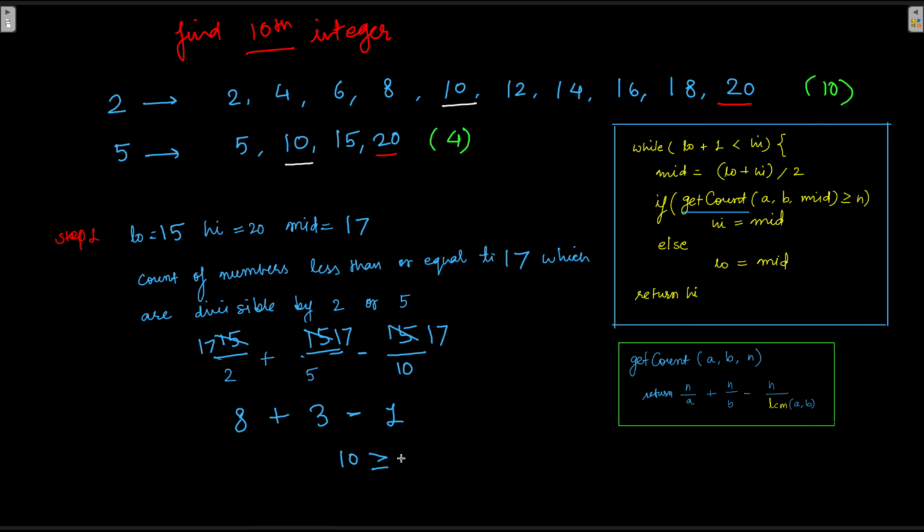Is 10 greater than or equal to 10? Yes, it is. That means this time we can reassign high to the new mid, and mid is 17. So our answer is going to lie between 15 and 17. Let's quickly change that.